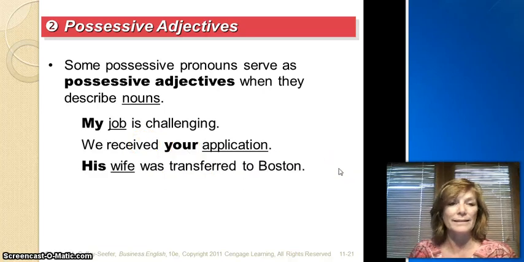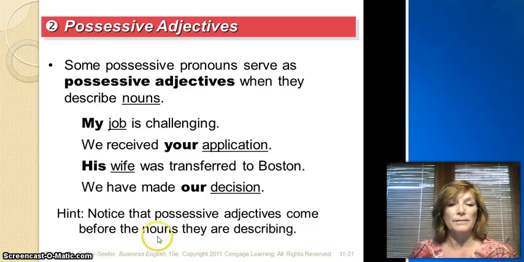His wife, our decision. And these adjectives are going to come before the noun. So you want to notice that here too. All these possessive adjectives are before the noun they're modifying.